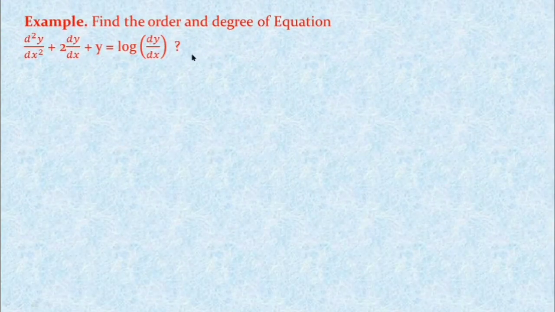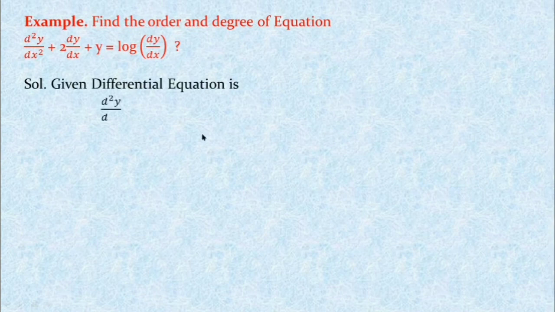Next example. Again find the order and degree of the differential equation. So first we write the given differential equation. In this equation we have log of dy/dx. If we get log of dy/dx, sin of dy/dx, cos terms like this, we cannot transform the equation into polynomial form.